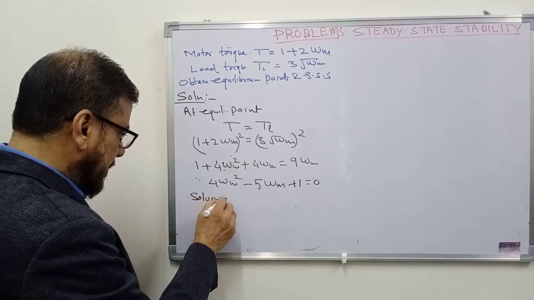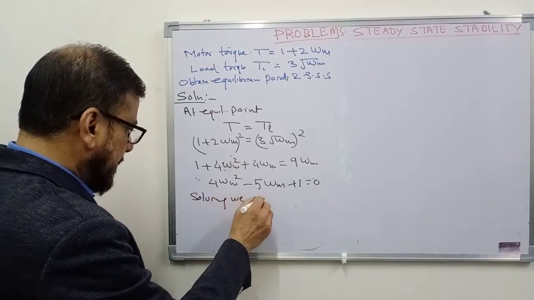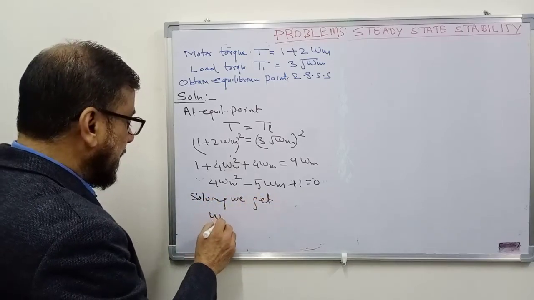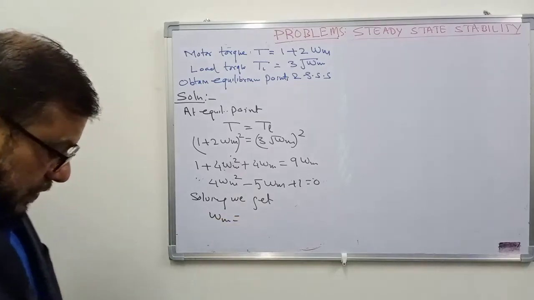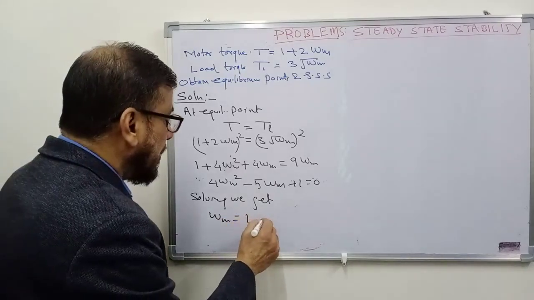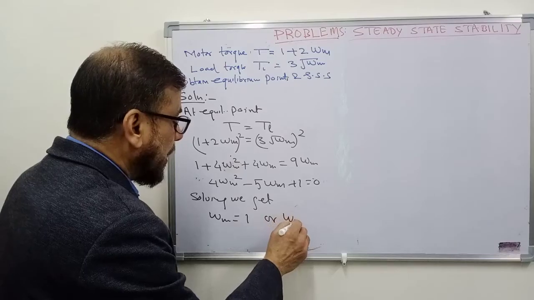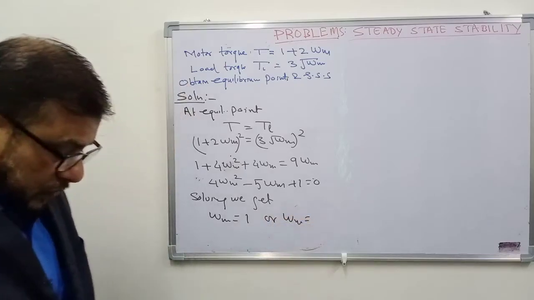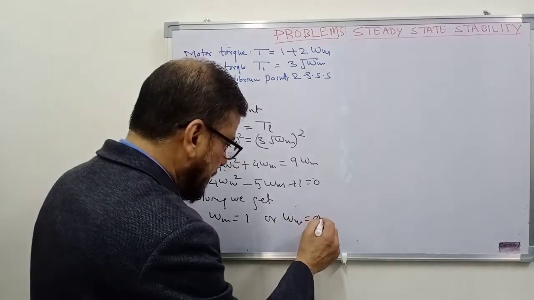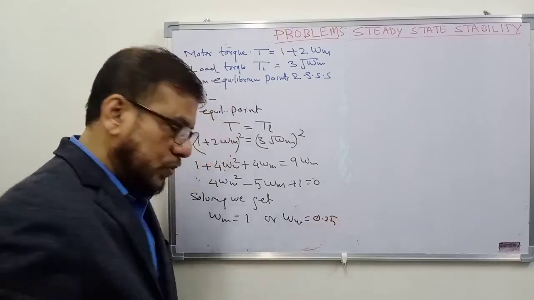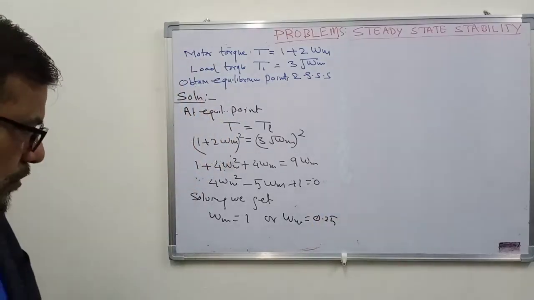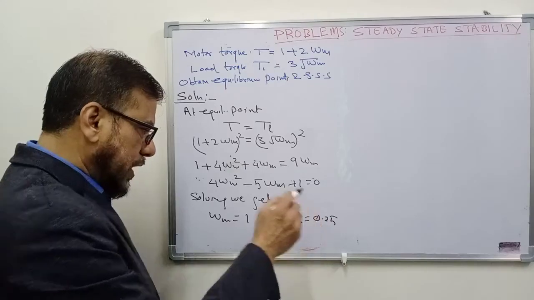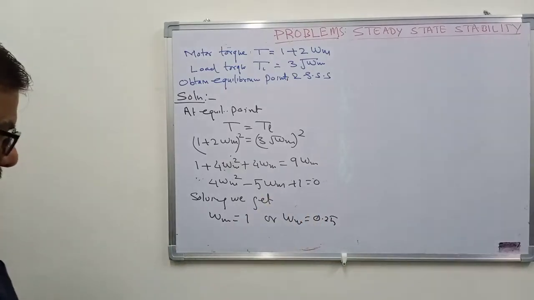Solving, we get omega m is equal to 1 or omega m is equal to 0.25. So there are two solutions of this quadratic equation, omega m equal to 1, omega m equal to 0.25.